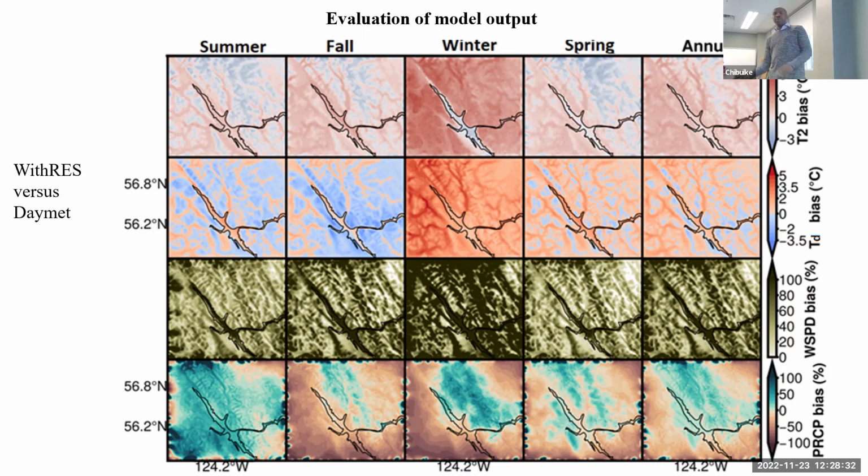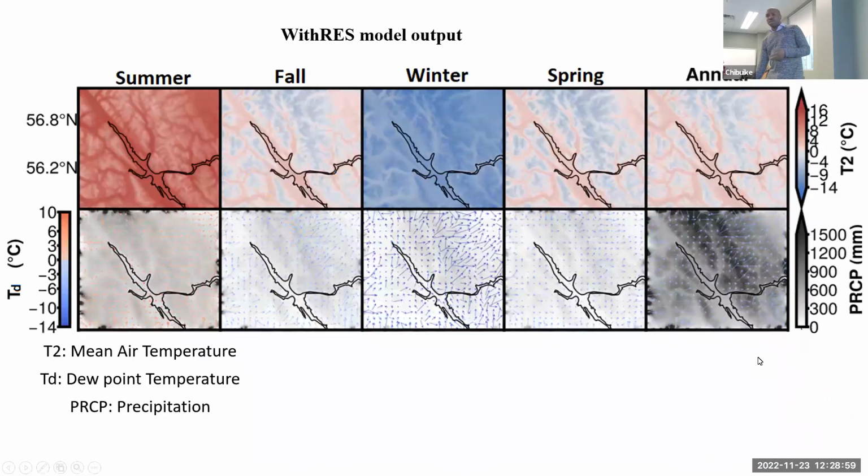But much of the bias was because the wind speed was quite bad, especially in winter. I think there's so much forcing of the synoptic flow on the model during winter. This kind of bias is recognized over very rough topography, so it's not something unusual.